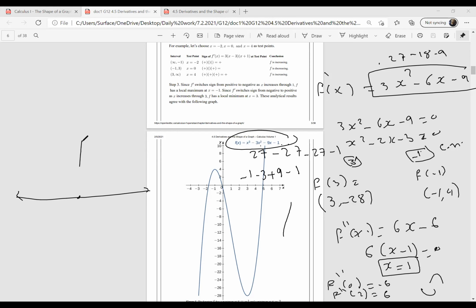So to graph it, at x equals 1 we said 3 and negative 26. 3 and negative 26 is the local minimum and negative 1 and 4 is the local maximum.